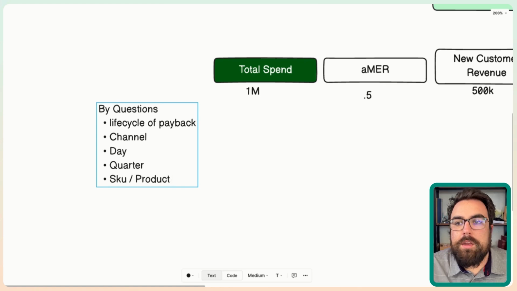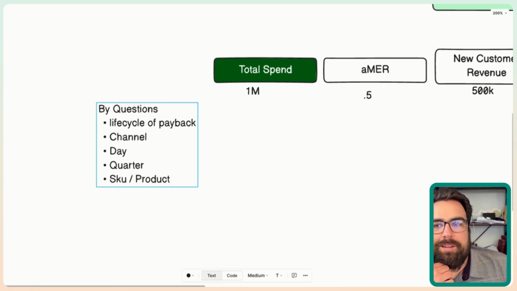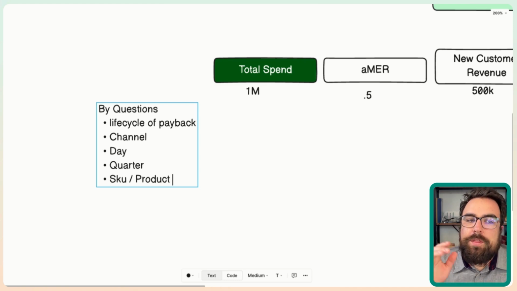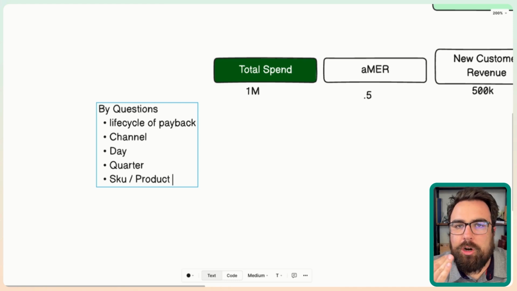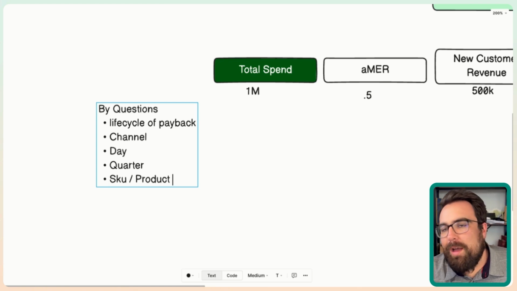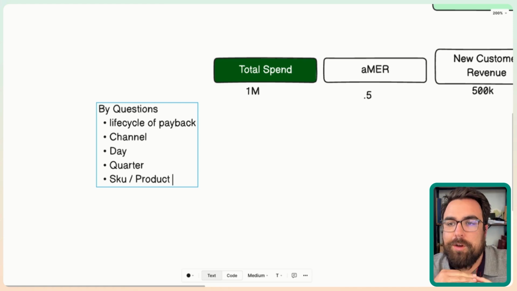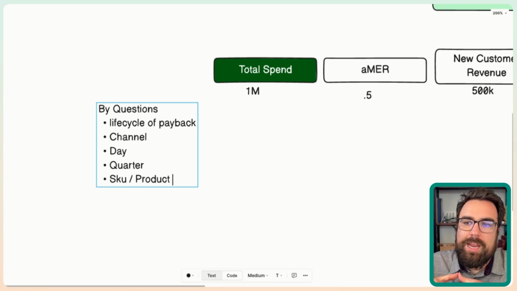The really exciting part is when you start looking at SKU or product. Depending on what your SKU and product is, how efficiently is each one of your SKUs or products bringing in new customers? This is where you start to see how efficient we are on our different offers. Maybe you have a subscription or a software or a product, and that SKU or product is very good at bringing in new customers, very bad at getting existing customers. A great example of this is a coffee company where you might sell a coffee container, right?